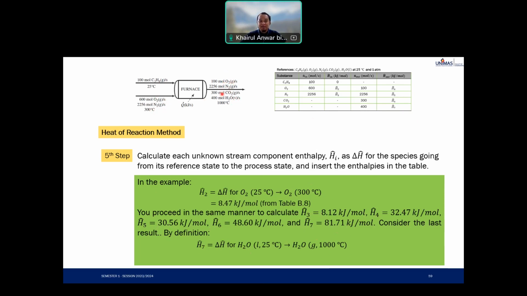You see? But for water at 25 degrees C, it's liquid, because the reference temperature is 25 degrees C. Don't forget, this is liquid. We need H2O at 1000 degrees C.